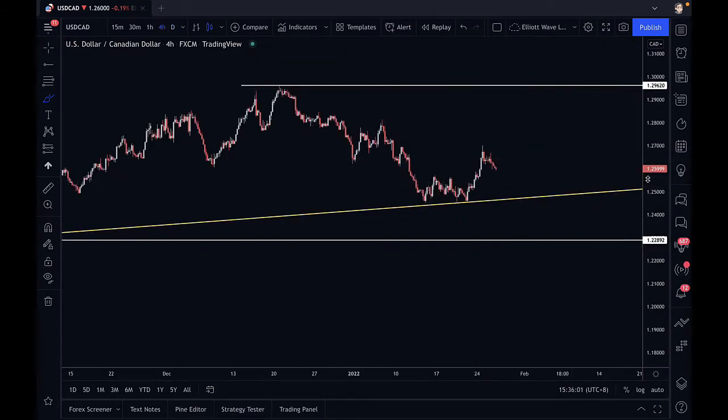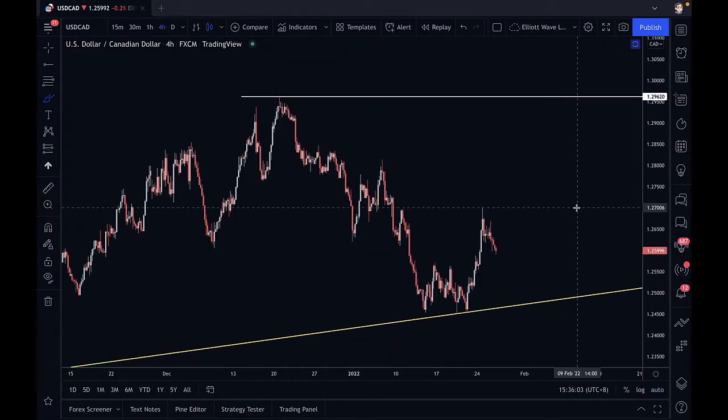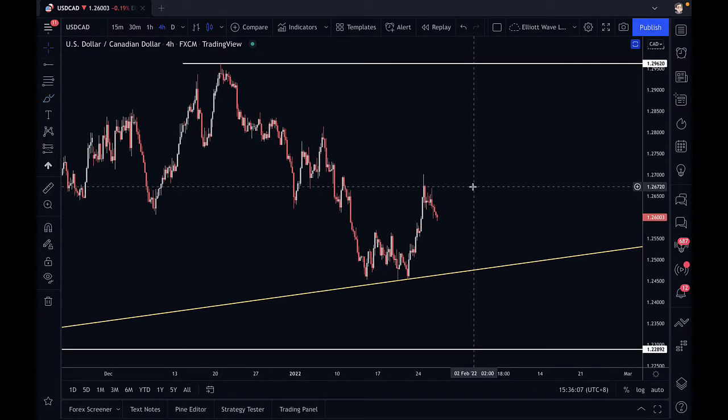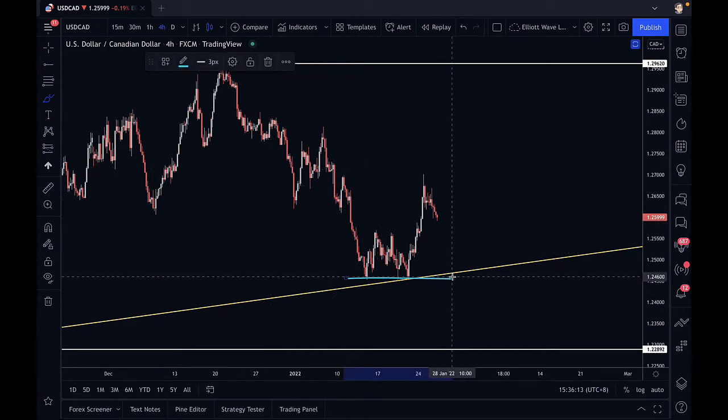If you take a look at the forward time frame, we do have this little setup over here as well. I think the general bias is a little bit of a mix, because we have a little bit of a double bottom formation here. The market recently broke off this neckline impulsively, but it's kind of pulling back right now.